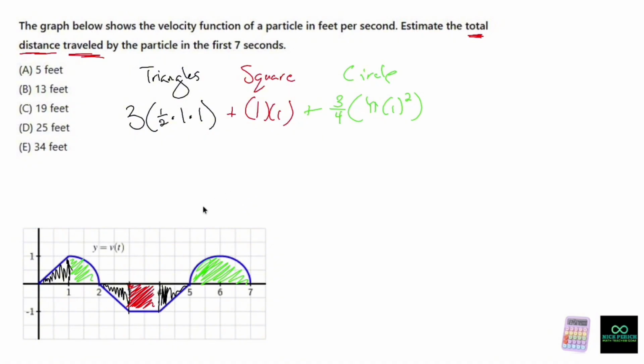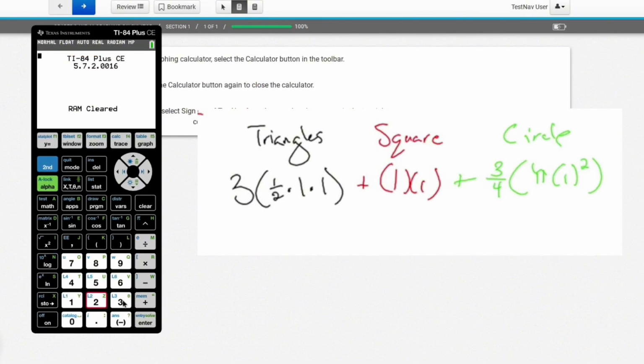Okay, so this is how I'm going to handle this problem. I'm going to type all of this into my calculator. Even though it is an estimate, and maybe I don't need to, I'm still going to type it into my calculator to get the most accurate result that I can. All right, so we've got ourselves 3 triangles, so 3 times 1/2 times 1 times 1 plus 1 square, so 1 times 1.